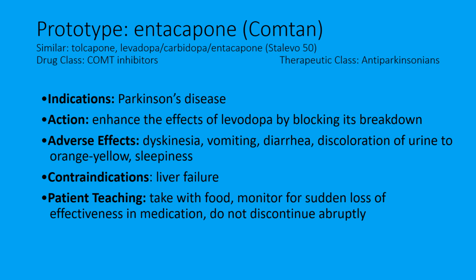So I think when you start to look at medications in this group, there's going to be a lot of similarities in their side effects because of the fact that you're increasing dopamine in the brain. Okay, so when you look at levodopa carbidopa and you look at this particular medication, there's going to be similarities to the adverse effects because of what they're doing.